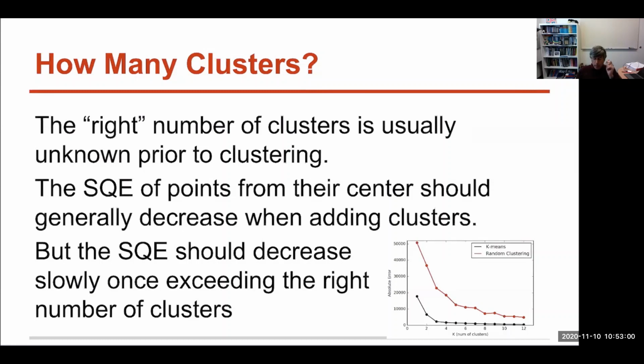But generally speaking, a good way to get the number of clusters is to actually run K-means with all different numbers of clusters. If I don't know how many clusters I have, maybe I should run it with 2, 3, 4, 5, 6. One way I can evaluate how good a clustering is is by looking at the mean squared error of the points.